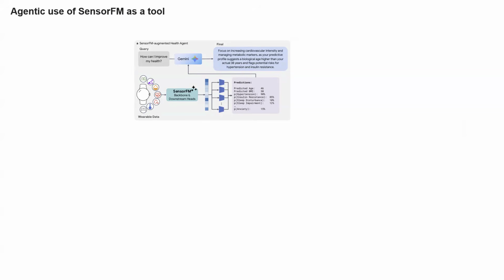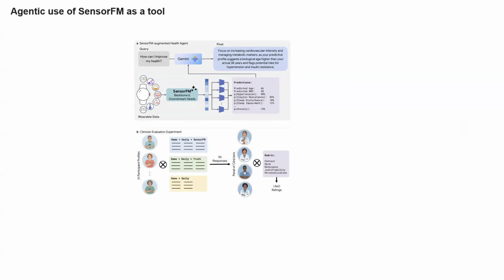So they also tested how well these were performing. They had clinicians evaluate the results obtained from the predictions by the agents. Basically, there was one setting with demographic, daily data and SensorFM information, and the other, the ground truth, doesn't have the SensorFM information, only the demographics and the daily information.